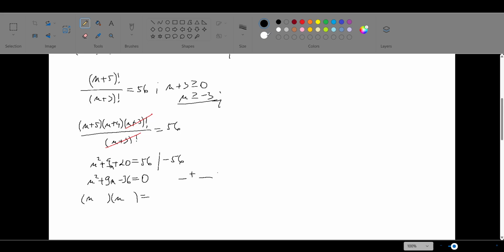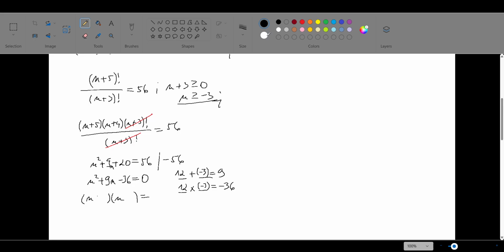If you add them up, they should sum up to 9, and if you multiply these two numbers, the product should be negative 36. So after a while of thinking and finding divisors of 36, you will find that the numbers you are looking for are 12 and negative 3, because 12 minus 3 is 9, and 12 times negative 3 is equal to negative 36.